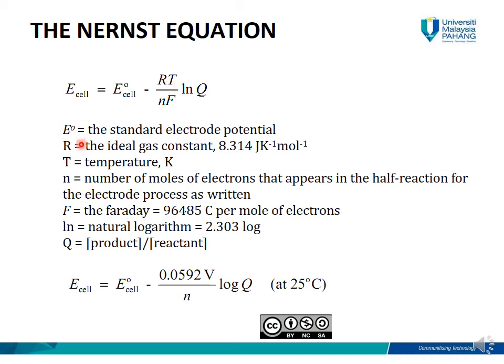T refers to the temperature in Kelvin. n is the number of electrons transferred in the process. F is the Faraday constant, 96485 coulomb per mole of electrons. And ln Q, where Q is the product divided by reactant. Basically, after we include the values at 25 degrees Celsius, you will get this formula.